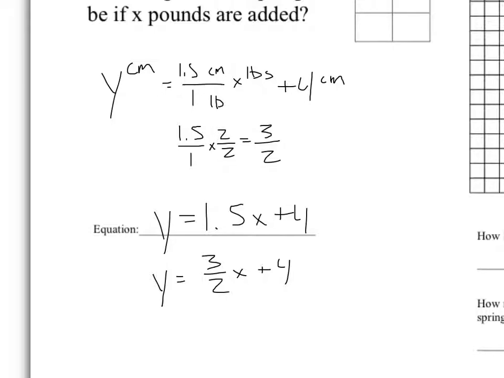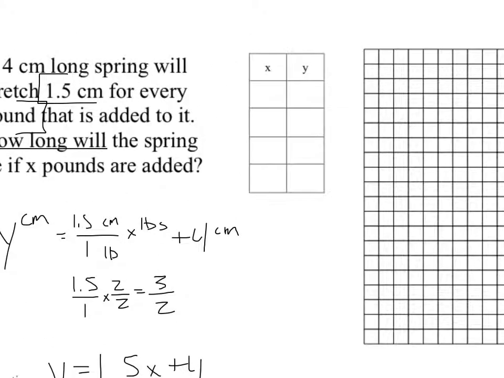And most of you went from here straight to your t-chart, and you said my first point is 0, 4. And then you followed your slope. If you did 1.5 over 1, you added 1.5 to y and 1 to your x.